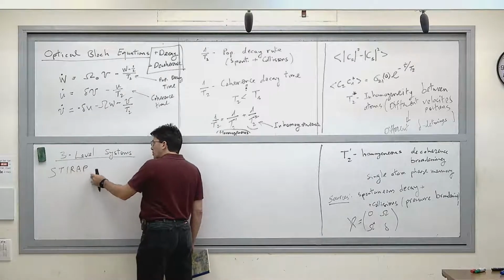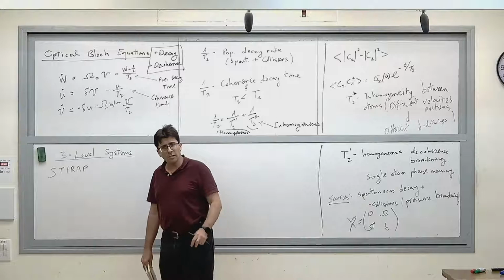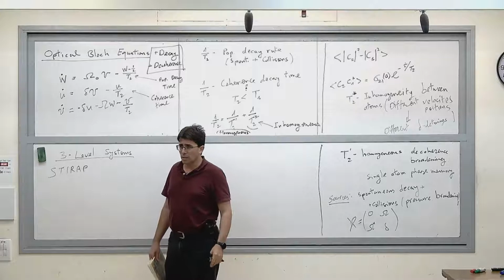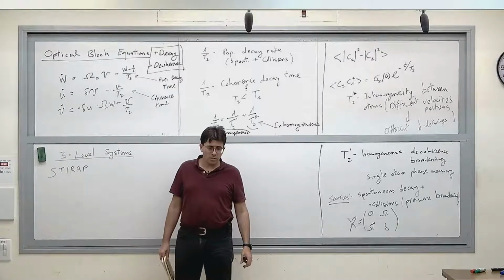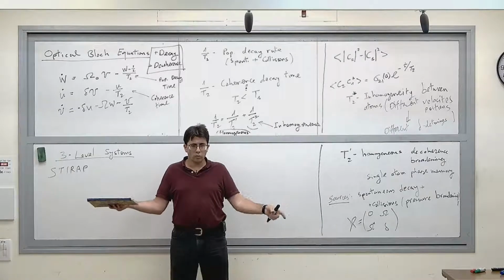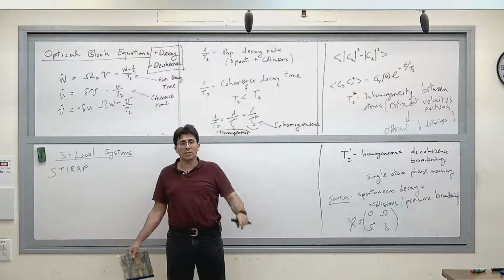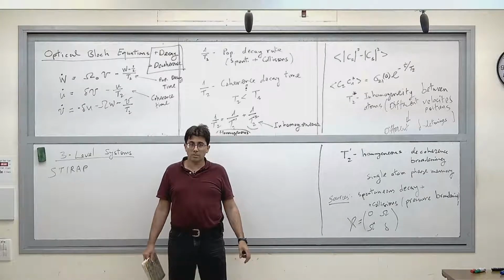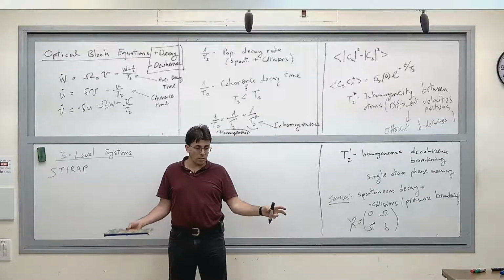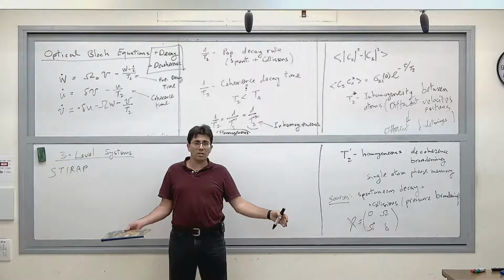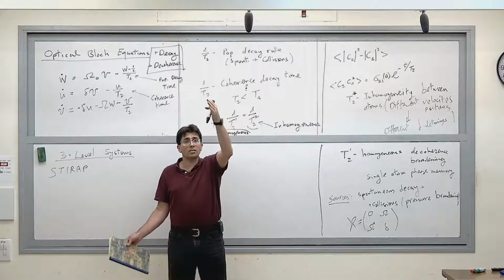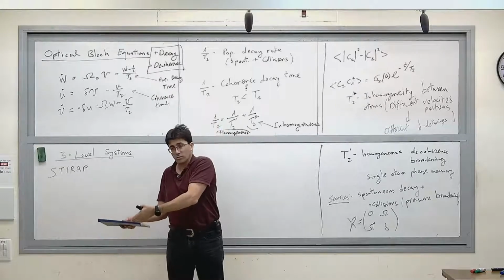Stimulated Raman adiabatic passage. It's the adiabatic passage that you saw before, on steroids. Population goes from the first state into the third state through the second state, but without ever being there. That sounds great, right? I have the initial state, coupled by a laser to some intermediate state, and this intermediate state is coupled by another laser to a final state.